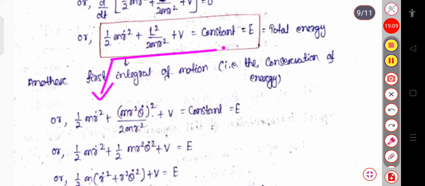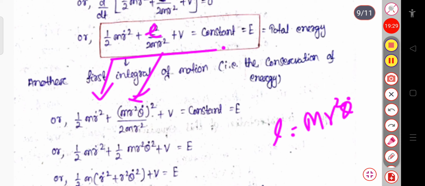And again you can see here in this expression you can also write 1 by 2 mr dot square. In place of L, that is the angular momentum, we can write mr square into theta dot, so mr square theta dot whole square divided by 2 mr square plus v, that is also constant. Simply we have substituted the value of L equal to mr square theta dot.